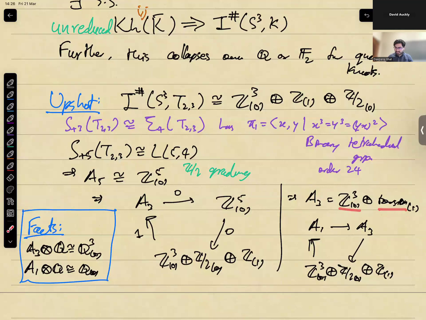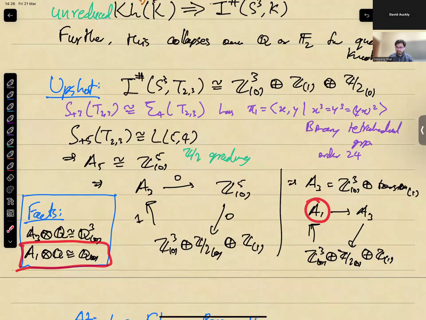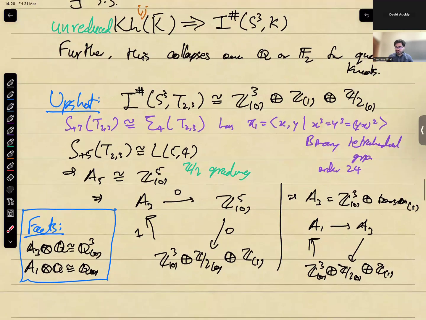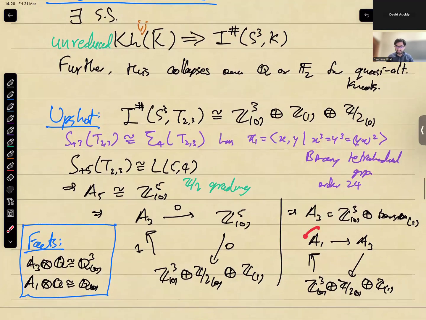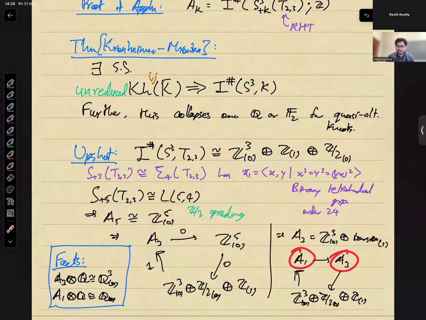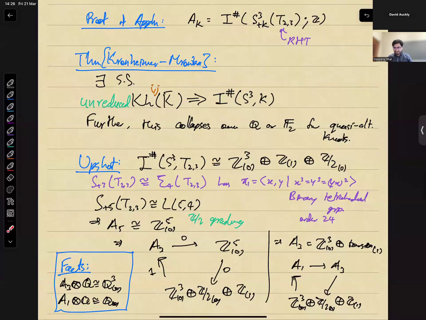You plug it back into this triangle, and you still need this fact that A1 is rank 1. From there, you're able to conclude that even if A3 did not have torsion, A1 did. And again, just to remind you, the A_i are all of these abelian groups. So at this stage, you're able to conclude that A1 has some torsion.